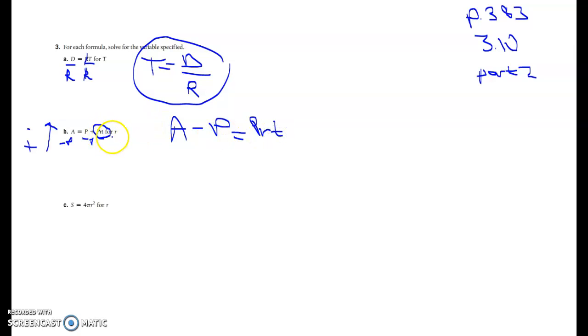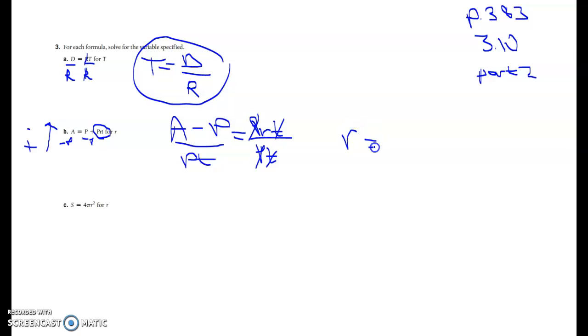Okay, and then now I want to solve for r, so there's only multiplying over here. So now to get rid of only multiply, I can only divide. So I want to get rid of what? The p and the t. So that's what I'm going to divide by. To get rid of multiplying p and t, I'm going to divide by p and t. So notice these cancel, these cancel. When I divide, I get 1 on those.